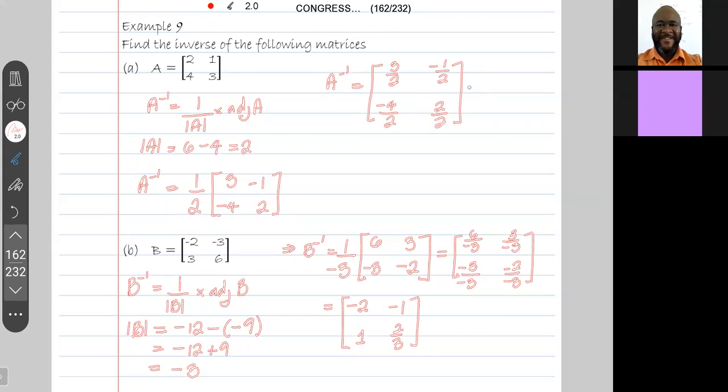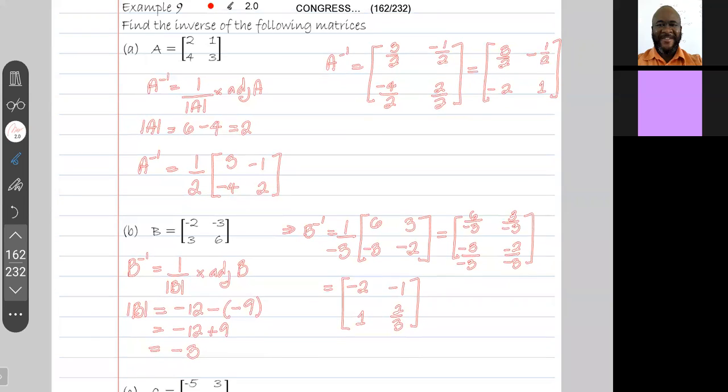And so A inverse is 3 over 2, minus a half, minus 2 and positive 1. So this is A inverse.